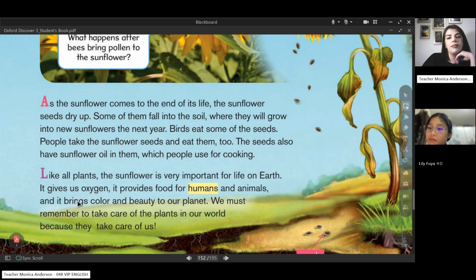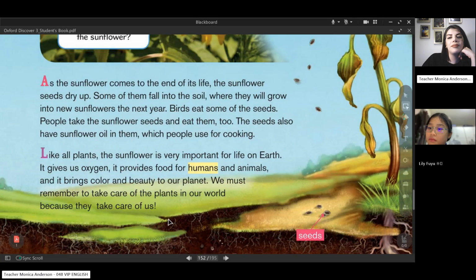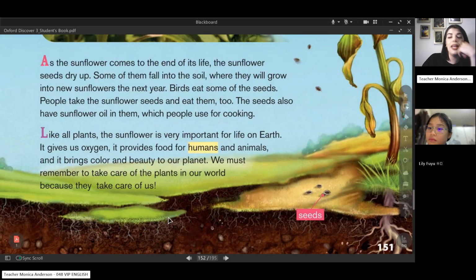Like all plants, the sunflower is very important for life on Earth. It gives us oxygen. It provides food for humans and animals, and it brings color and beauty to our planet. We must remember to take care of the plants in our world, because they take care of us.